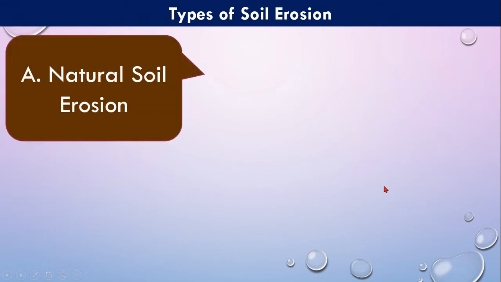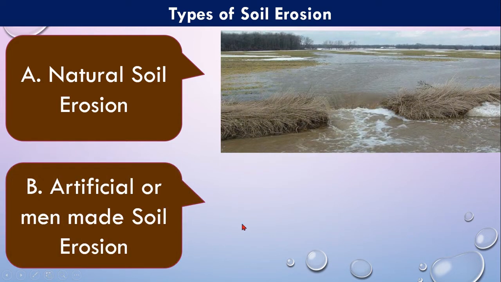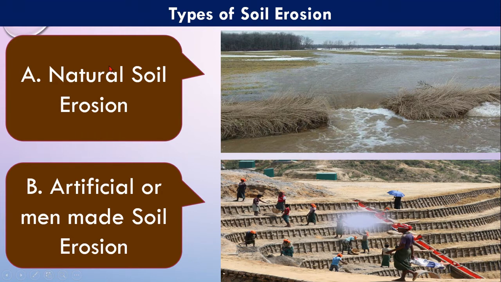Then types of soil erosion. Basically, soil erosion is of two types. The first one is natural soil erosion and the other one is artificial or man-made soil erosion. So what is natural soil erosion? If you have a look at the picture, you can easily observe that there is no hand of man. That means it is created naturally, by God.